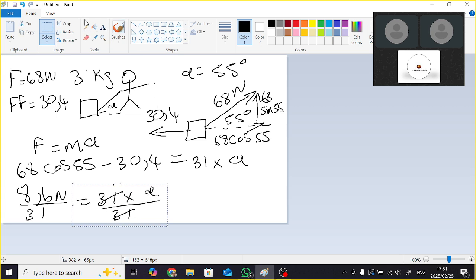Okay, so we can see our final answer is 8,6 divided by 31, and we get an acceleration of 0,277, right? Okay, and that is meters per second squared, right?